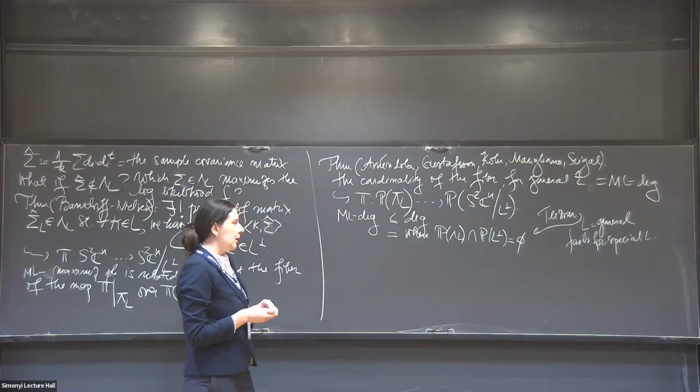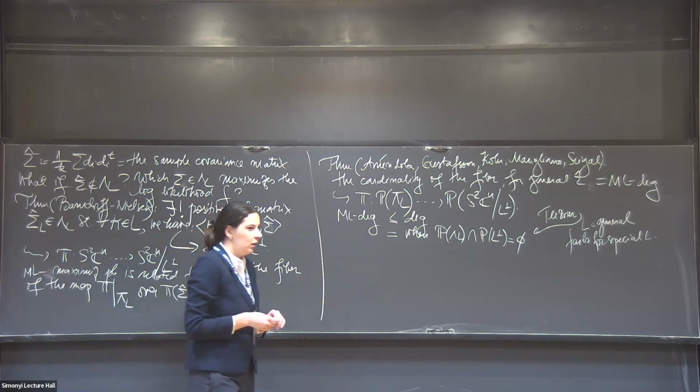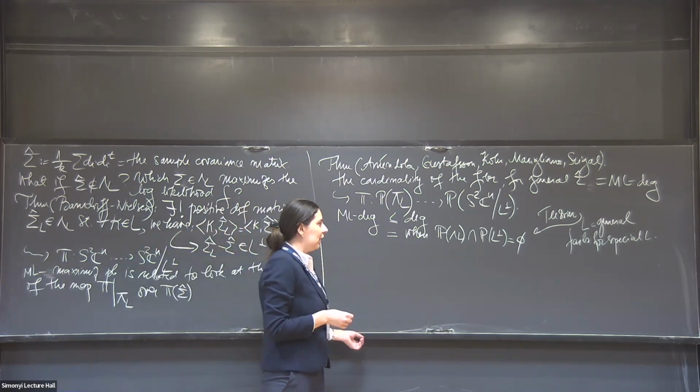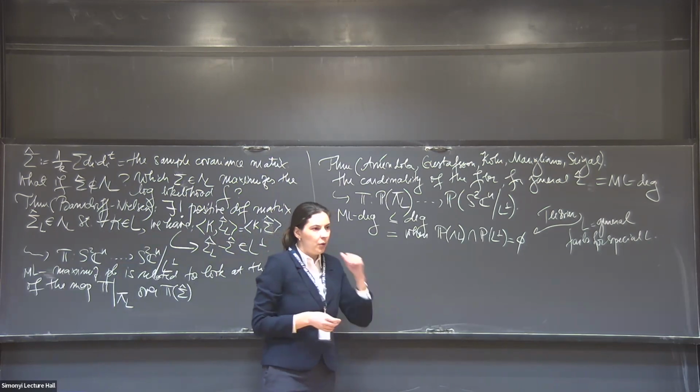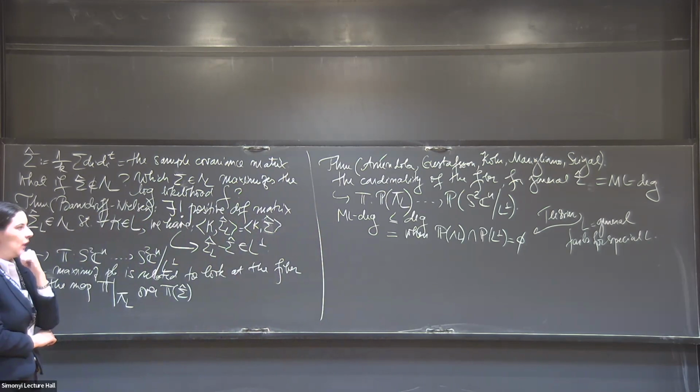This last condition, is this saying something about all the other points in the fiber being in the boundary, being semi-definite, not positive definite? What's happening at the boundary? The boundary, you took lambda L and you closed it. Zariski closure. That does a lot of things.